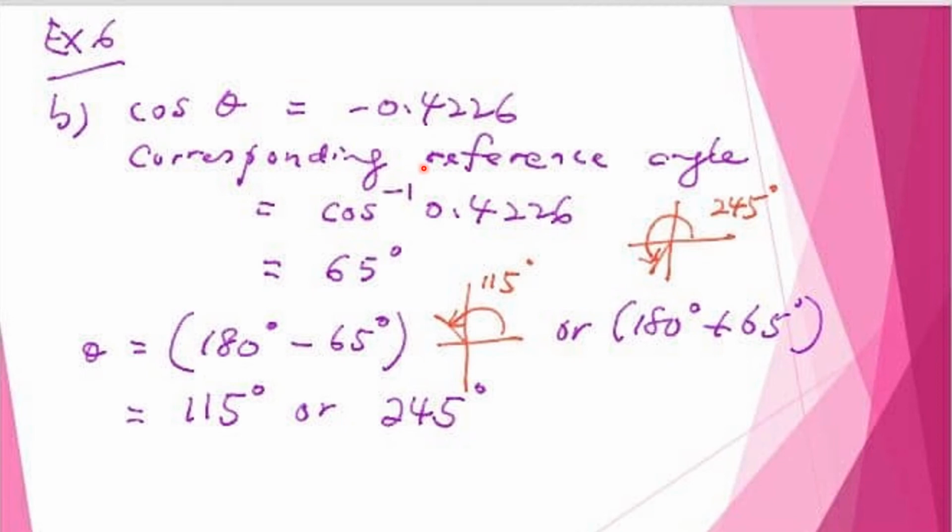Using your calculator, you get the corresponding reference angle is 65 degrees. So theta is either 180 minus 65 degrees, which is in quadrant 2, or 180 degrees plus 65 degrees, which is in quadrant 3. So the answer is 115 degrees or 245 degrees.